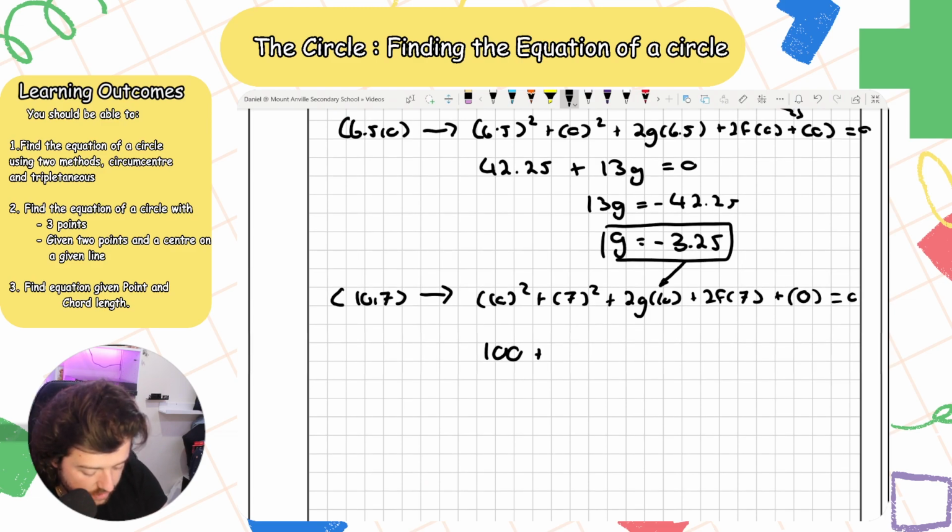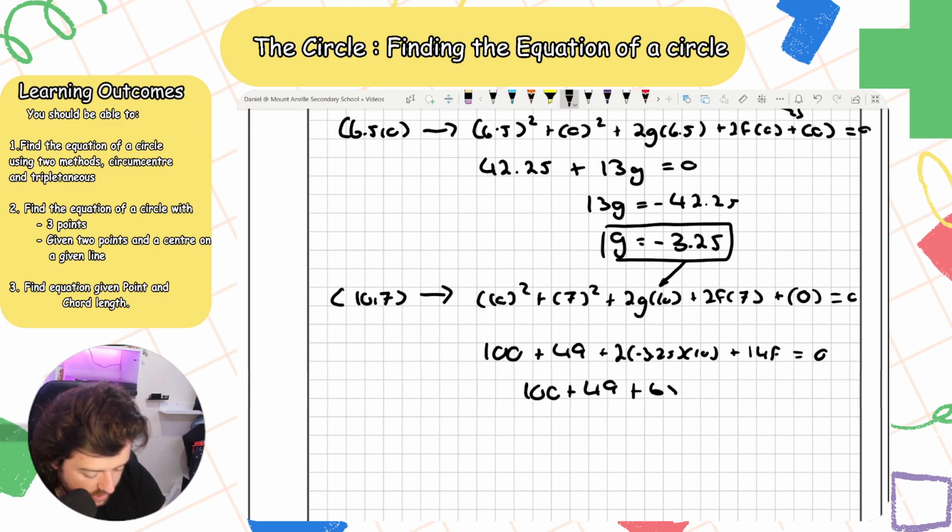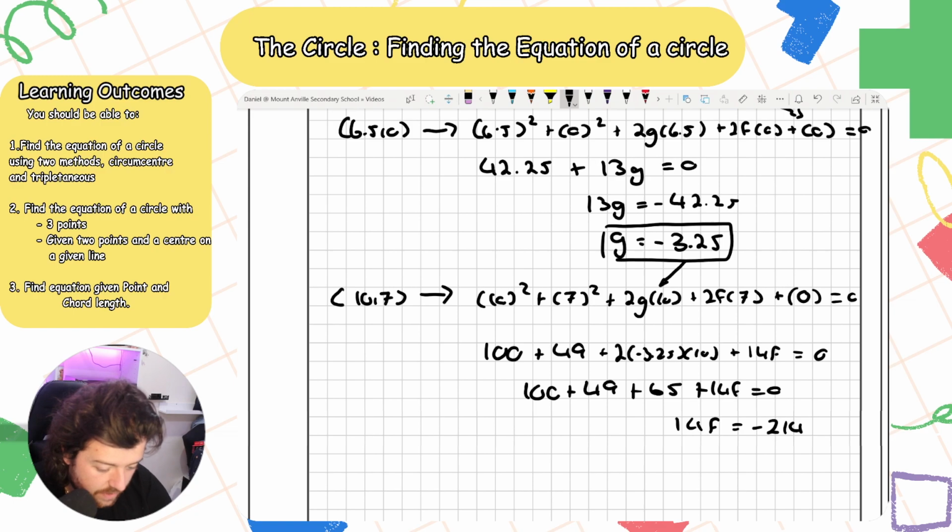So I have 100 plus 49 plus 2 times minus 3.25 times 10 plus 14f equals 0. 2 times 3.25 times 10 is 65. So 100 plus 49 plus 65 plus 14f equals 0.